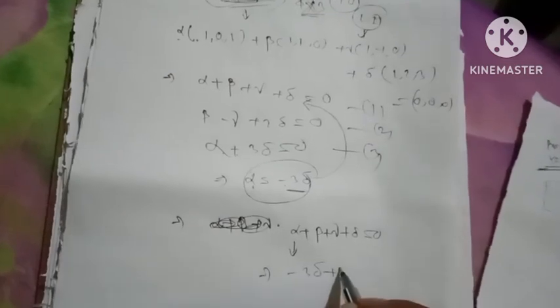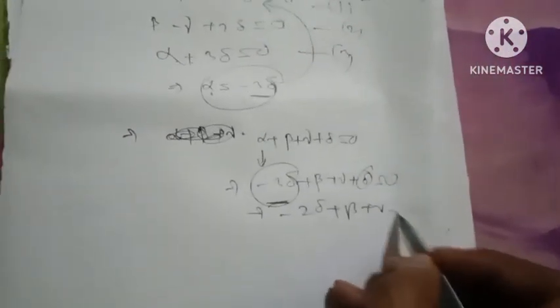Minus 3 delta plus beta plus delta plus gamma plus delta equal to 0. Minus 3 delta plus delta plus delta will be minus 2 delta, plus beta and plus gamma equal to 0.